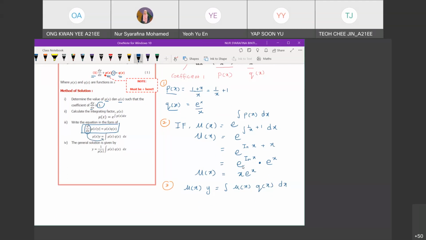So mu(x) y equals the integral of mu(x) Q(x) dx. Mu(x) is x e^x, y is y, and the integral of mu(x), x e^x, times Q(x), e^x over x, with respect to x. So this x and this x cancel, and you just integrate e to the 2x here.